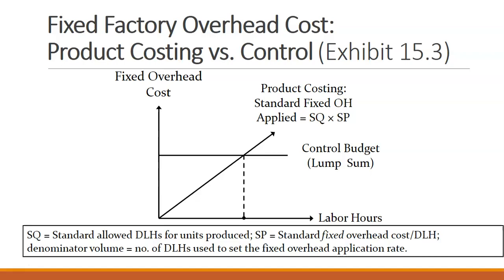So our standard quantity is our standard allowed direct labor hours for units produced, and the standard price is our fixed overhead cost divided by our denominator volume. So this is the number of direct labor hours we use to set our fixed overhead application rate. We can use different denominator volumes because that volume is based on what we believe our capacity is going to be.